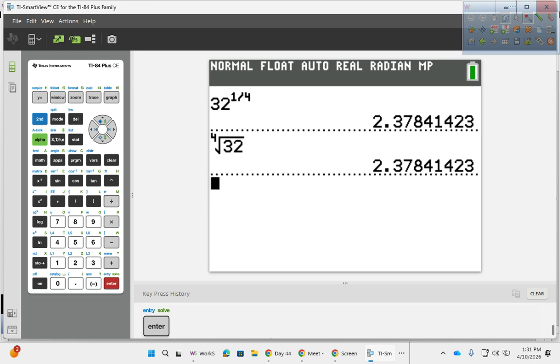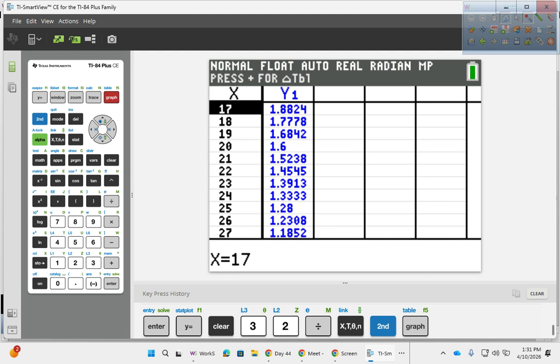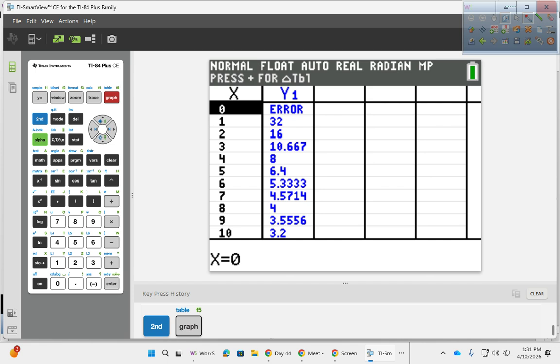So now I'm going to go to the y equals screen, and I'm going to do 32 divided by x. What I am looking for in my table is a perfect 4. In the perfect 4 list, there is a 16, and then the next number is 81, so it's definitely not that. So I see a 16, right? 16 is a perfect 4, and it is in my table.